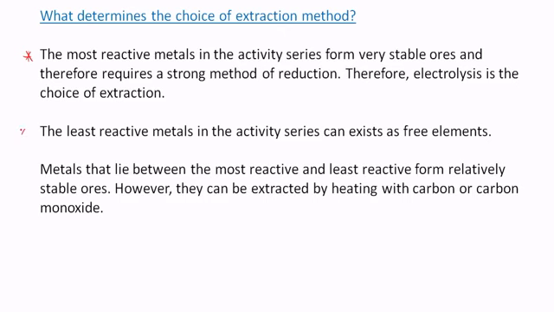The least reactive metals in the series can exist as free elements, for example gold. And metals that lie between the most reactive and the least reactive form relatively stable ores. However, they can be extracted by heating with carbon or carbon monoxide.